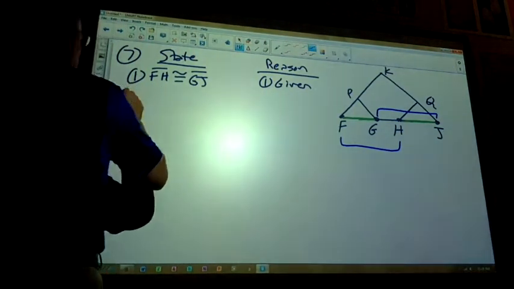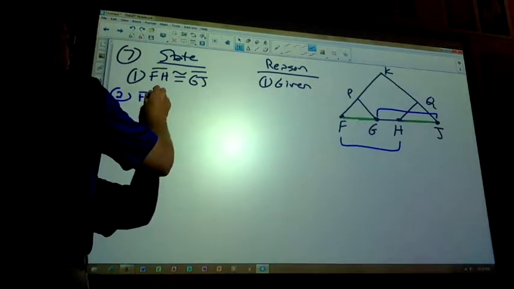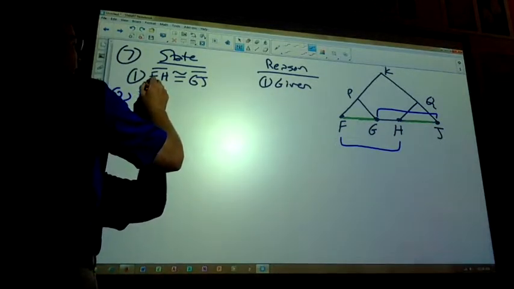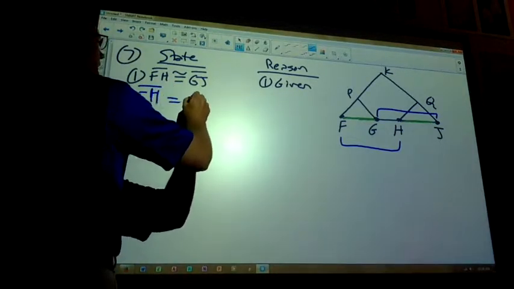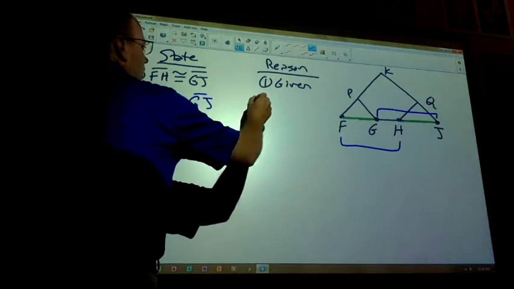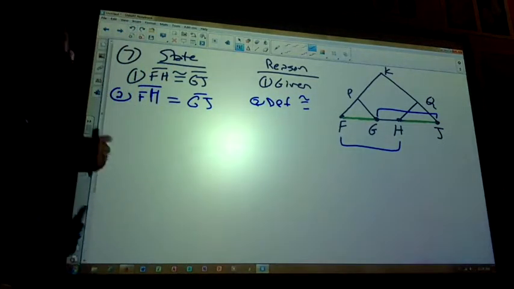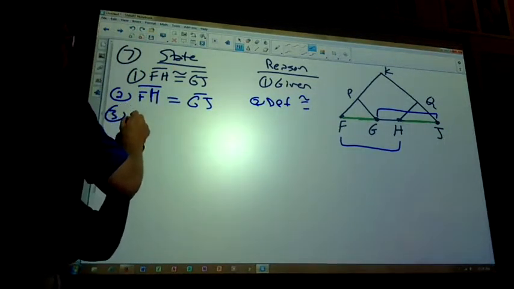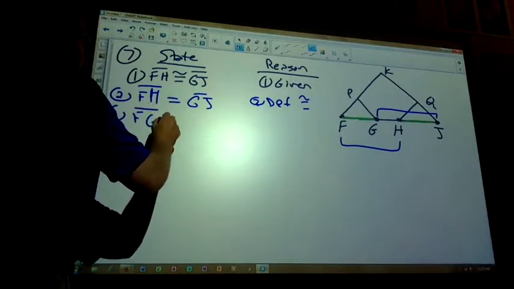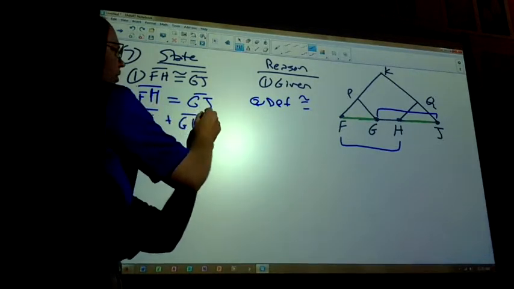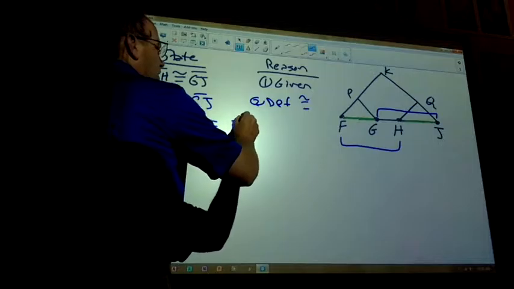An important thing is saying that FH is equal to GJ, definition of congruent. That way it allows us to substitute just in case. And then I think we could go with FG plus GH is equal to FH.